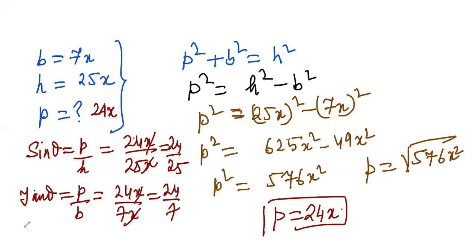Similarly, next you can do cosec theta. Cosec theta is just the reciprocal of sine theta. Now you can understand, because sine is perpendicular by hypotenuse, you can just write the reciprocal of that, that is 25 upon 24. Similarly, you can do the others also, that is sec theta.